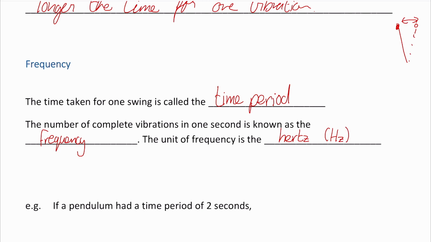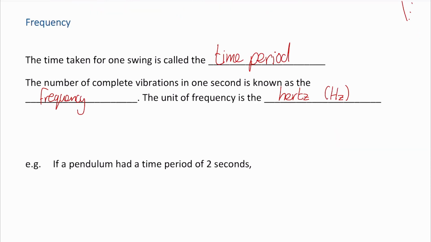Maybe you've heard the word hertz before, or megahertz or gigahertz. So 1 hertz means 1 vibration per second. 10 hertz means you get 10 vibrations per second. And if you get a frequency of less than 1, like 0.5, that means you get half a vibration per second.